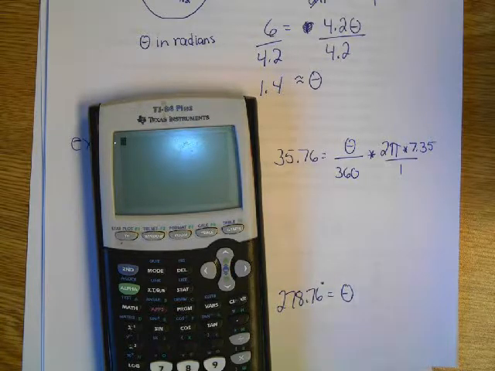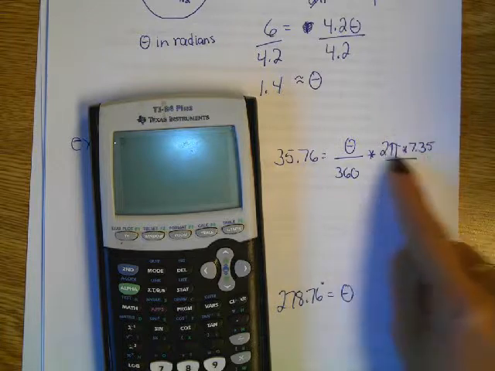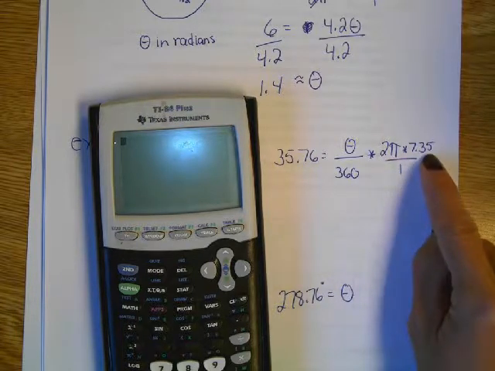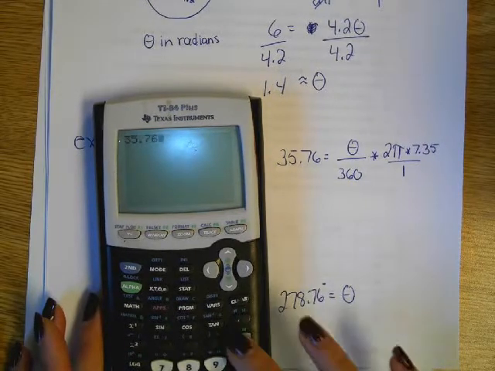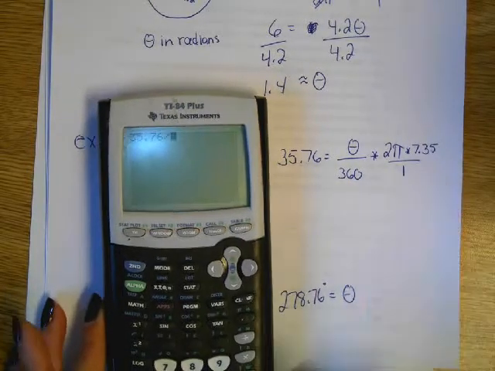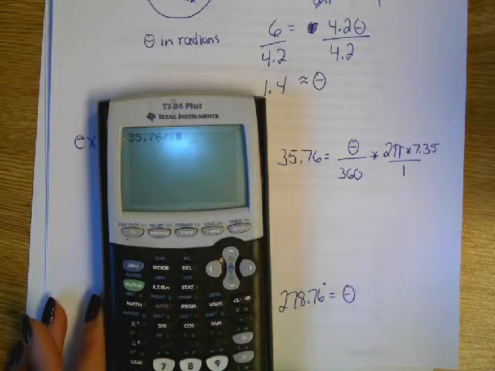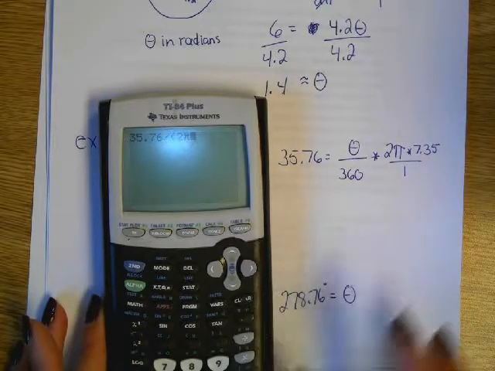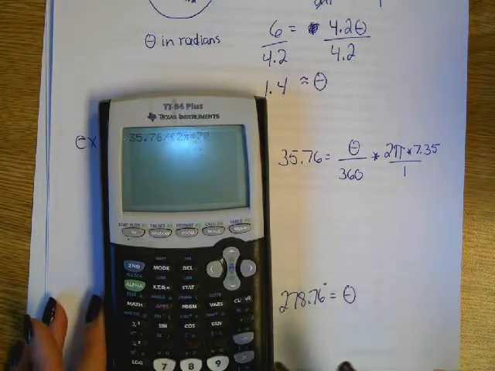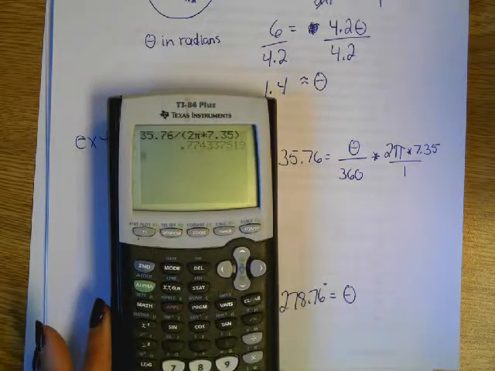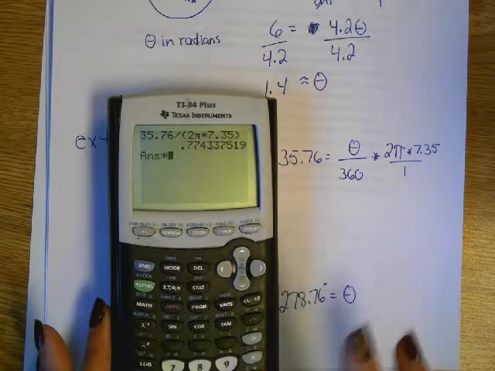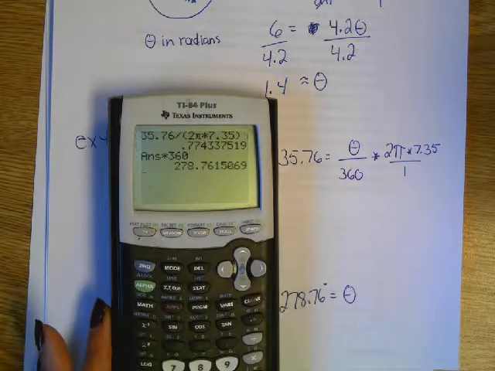If you want to do it correctly, like you said, you would divide by this whole chunk over here, right? The 2 pi 7.35. Watch me. 35.76 divided by. If I want to divide by that whole chunk, I got to put it in parentheses. 2 pi times 7.35. That's the quickest way for me to do it. And then you said times that by 360. You had a great plan.